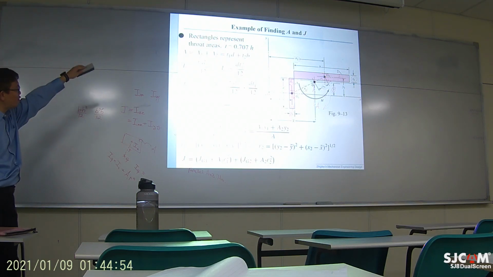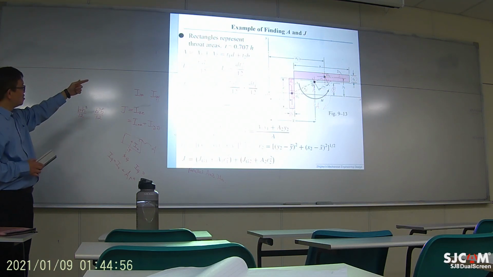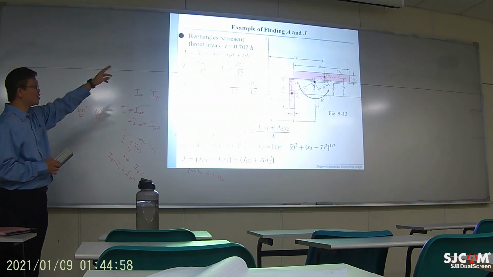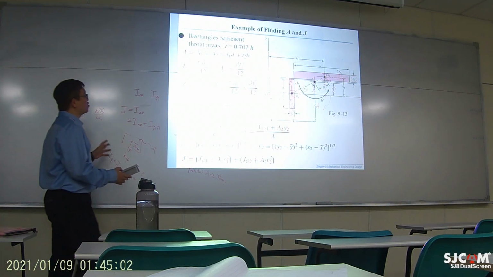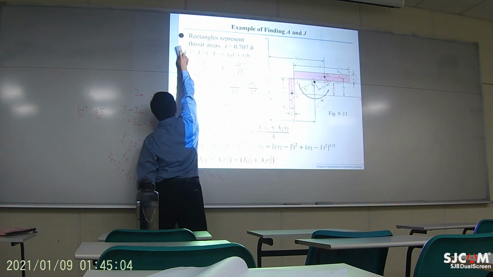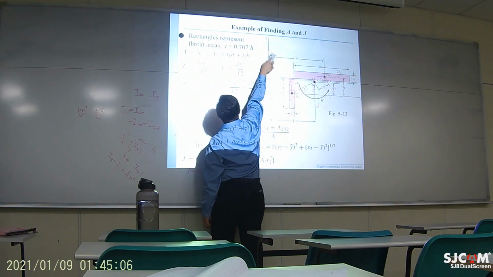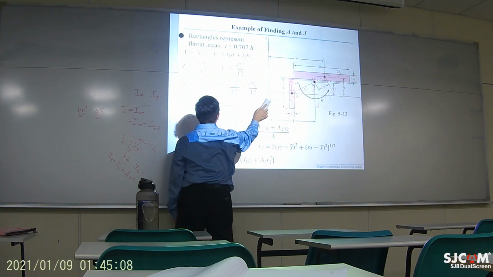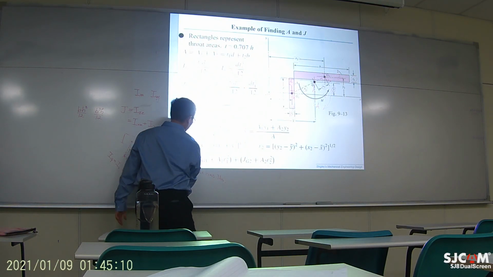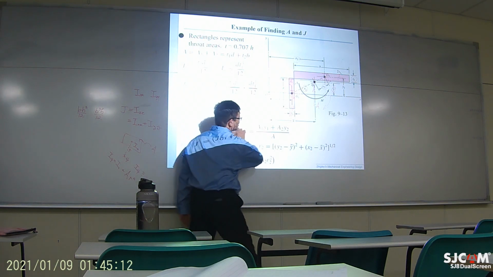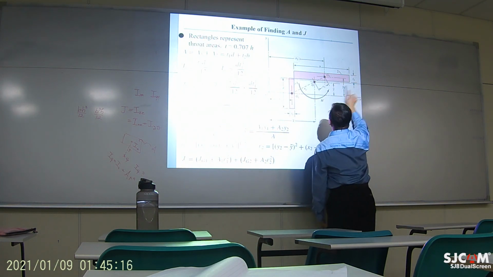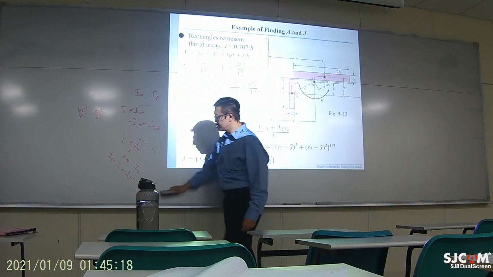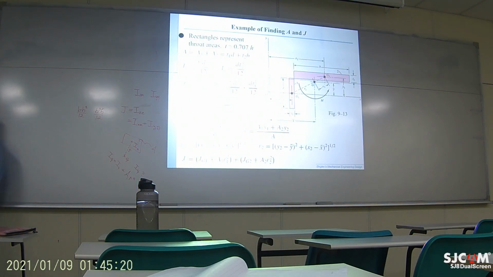So you need to first get J, the rotational center G, the position of G, and the total J. Without those, you cannot compute stress. Okay? So this is the first half of stress analysis.